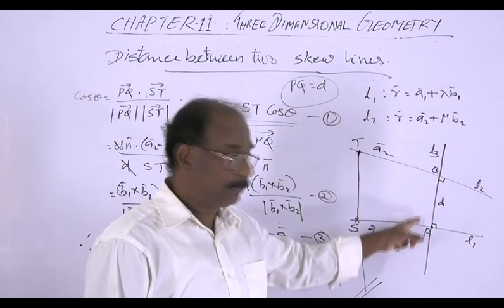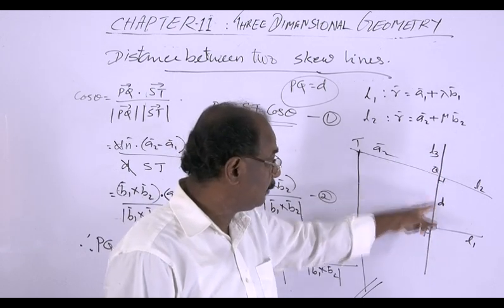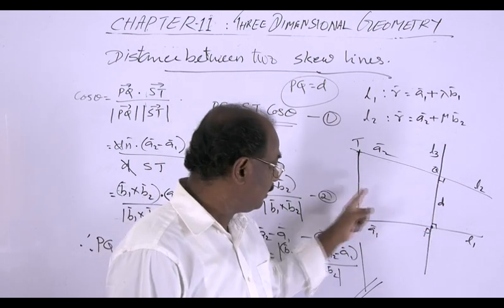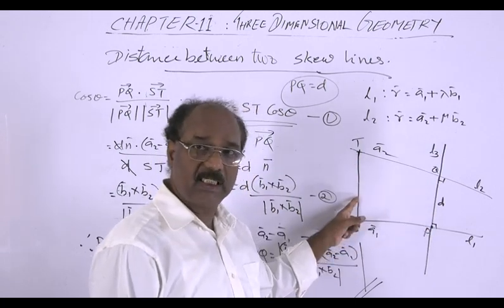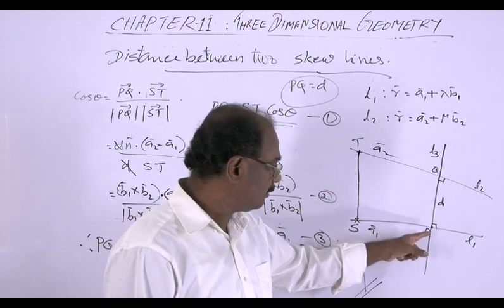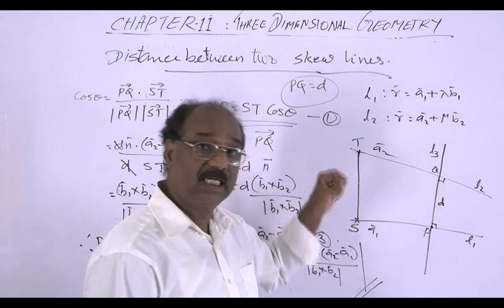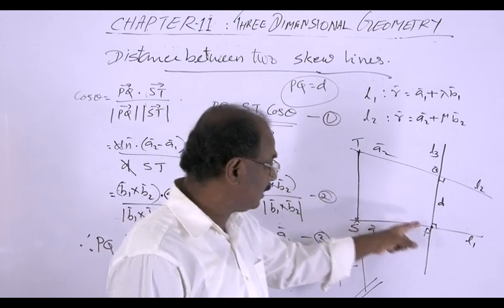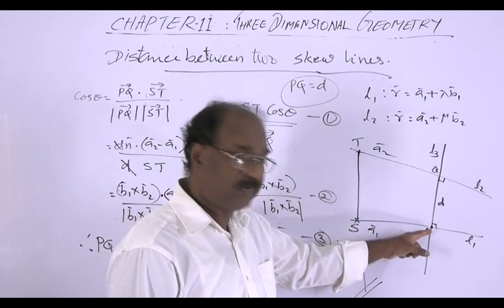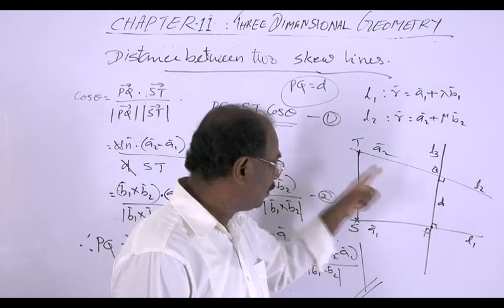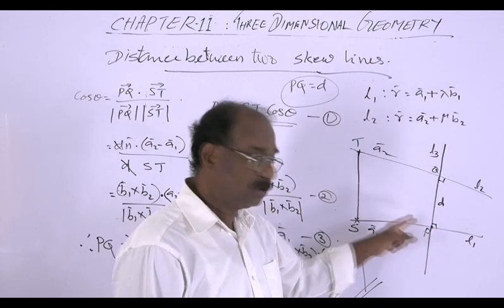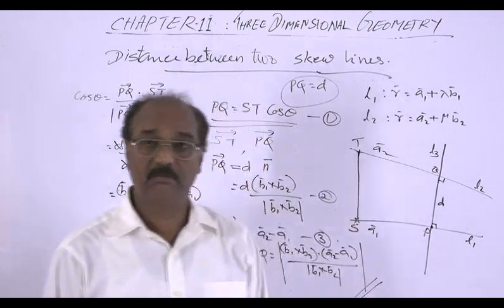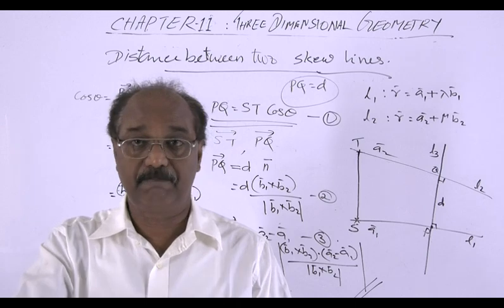Take this perpendicular line L3 and the portion PQ, with two points S and T. Assume the angle between these two lines as theta, and therefore the angle between these two vectors PQ and ST is also theta. Then ST can be obtained by finding the projection on the line L3. So the distance PQ is equal to ST cos theta. Then find cos theta.